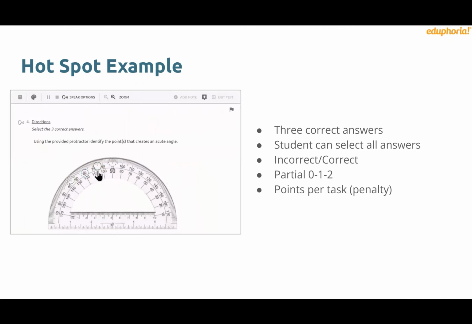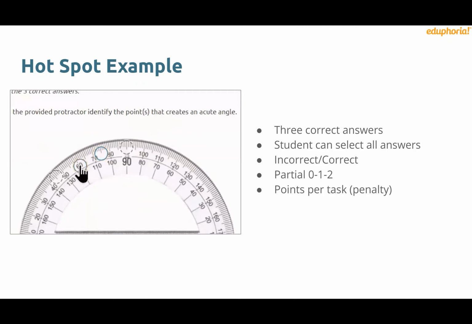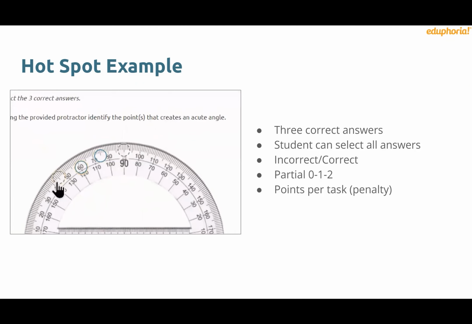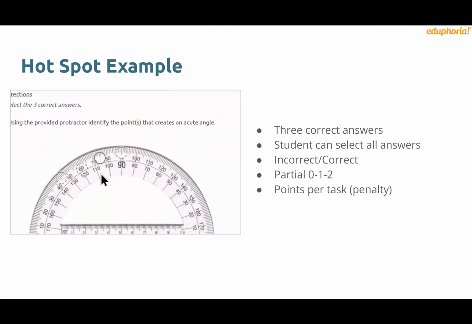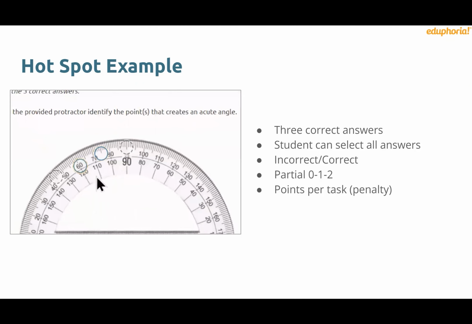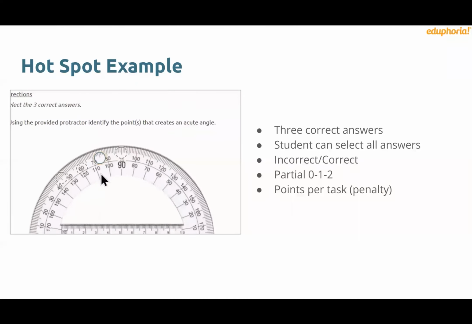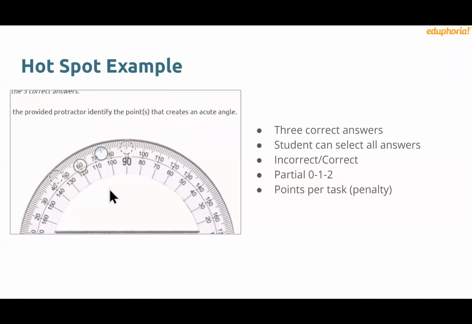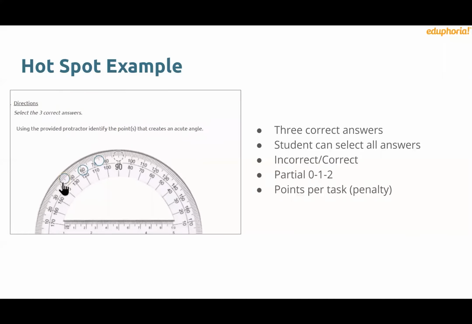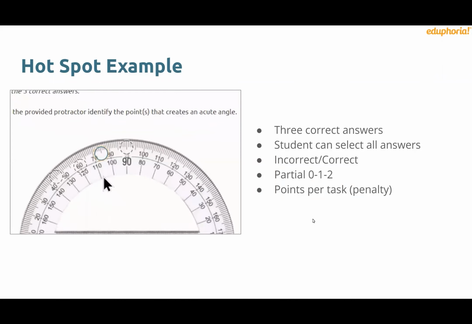However, this one does have the layer of a penalty, because if they select all 4, should they get 3 points of credit? No, they probably shouldn't, right? And so if they selected all 4 of those options, then they would only get 2 points of credit because one of those would be taken away from them.